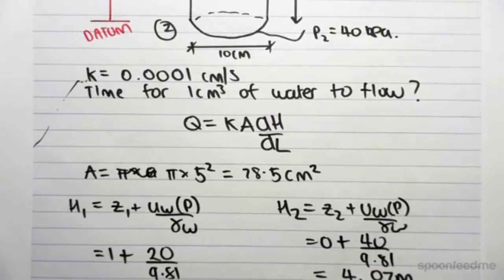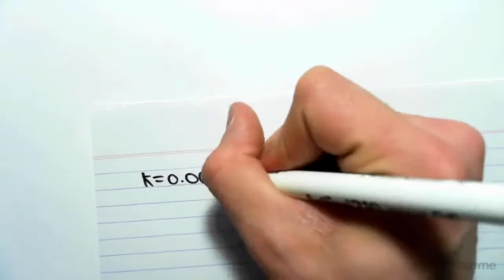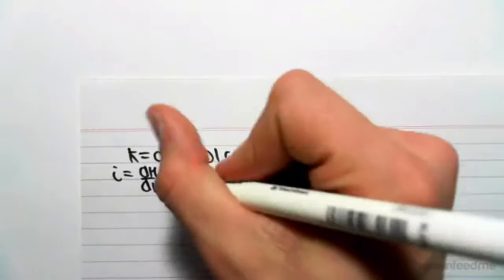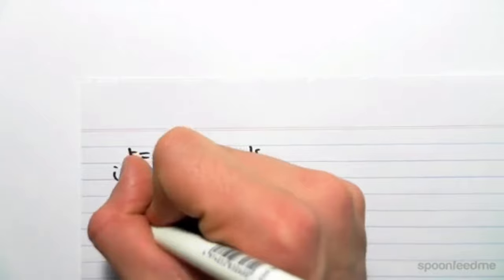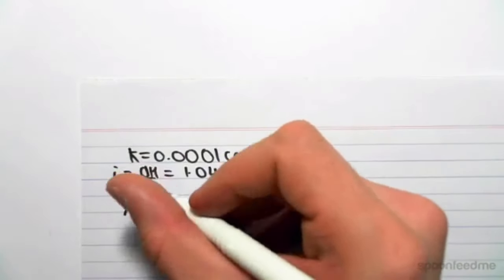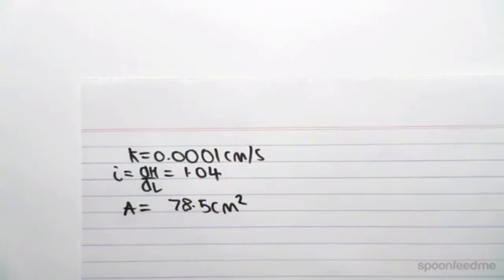So let's just quickly sum up that information. K equaled 0.0001 centimeters per second. My hydraulic gradient I, or dH on dL, equaled 1.04, and that's unitless. And my area equaled 78.5 centimeters squared.